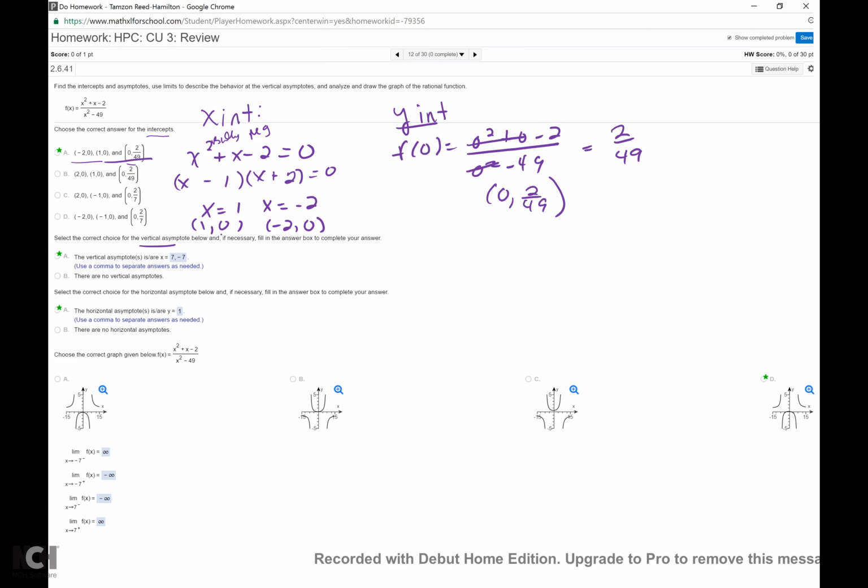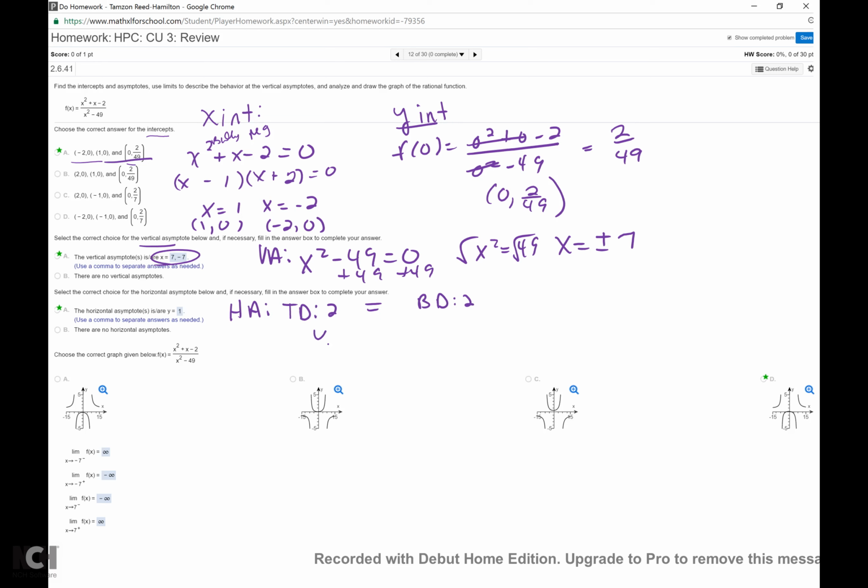Alright, vertical asymptotes. To find vertical asymptotes, we set the denominator equal to 0 and solve. Add 49. X squared equals 49. Square root, x equals plus or minus 7. To get my horizontal asymptotes, I look at my degrees. My top degree is 2. My bottom degree is 2.